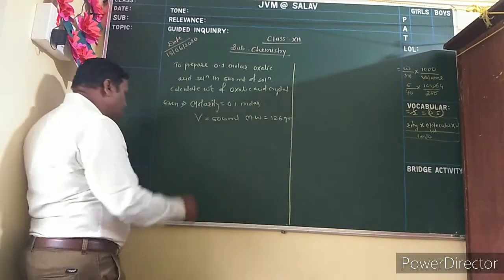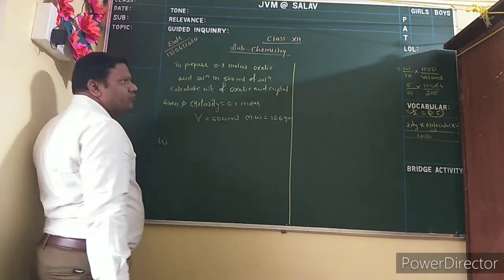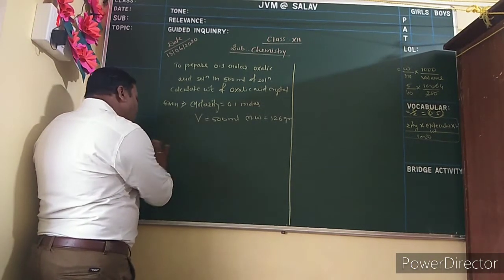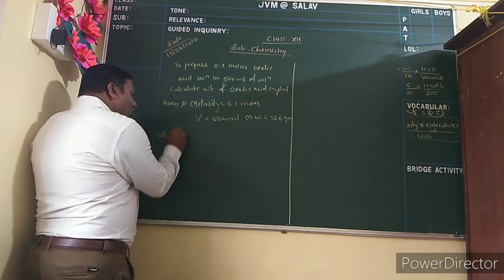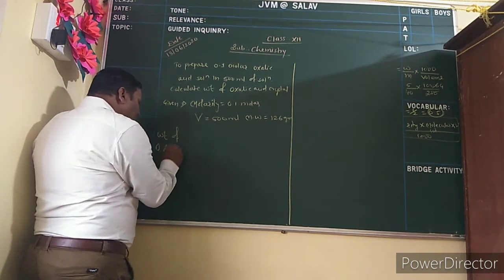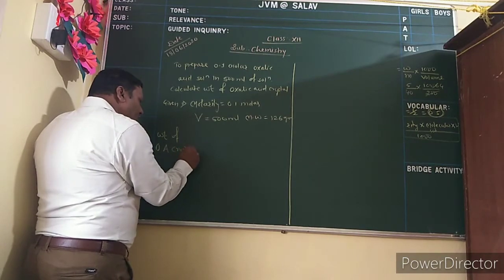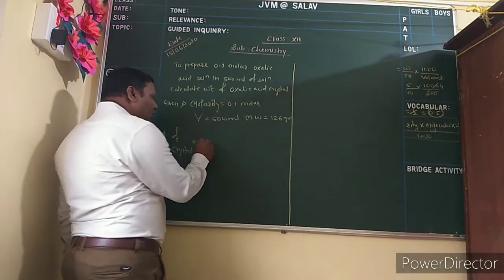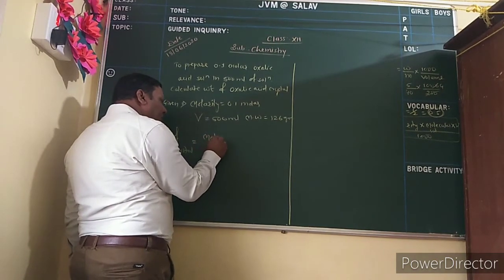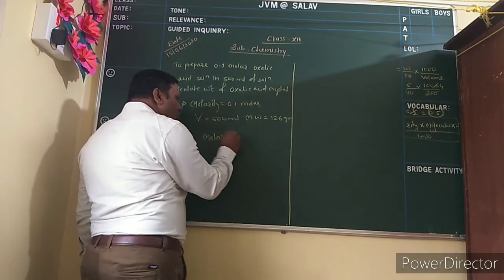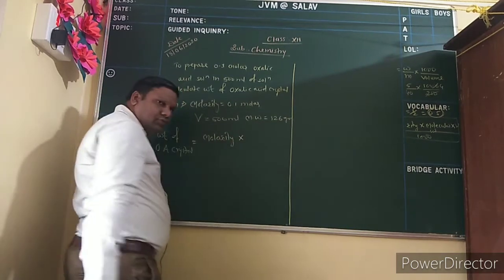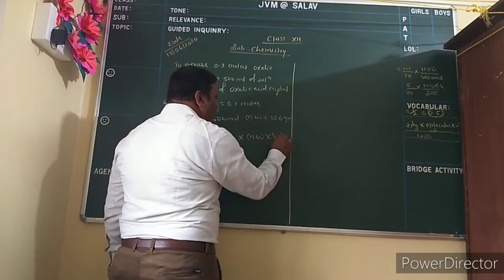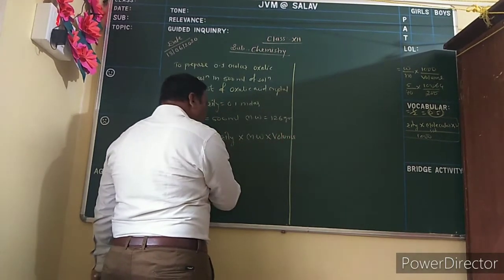So small w, you apply the formula. Weight of oxalic acid crystals is equal to the molarity into the molecular weight into volume upon 1000.